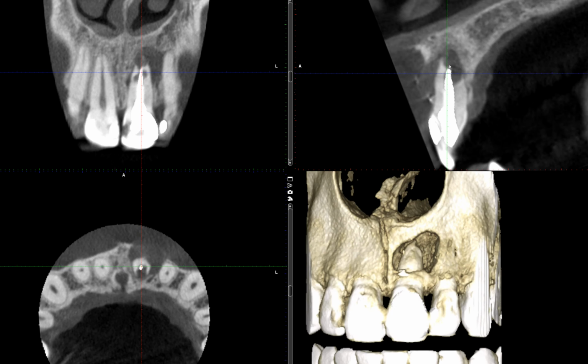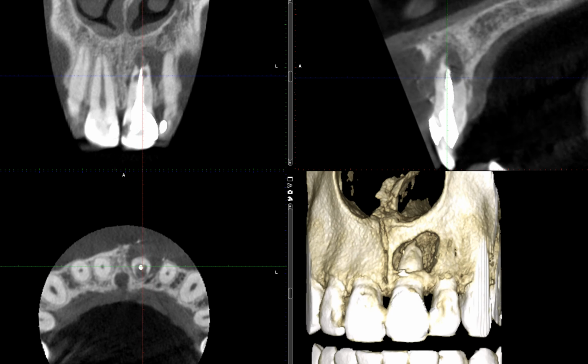And my differential diagnosis in this case, at the very top, I'm considering apical periodontitis, persistent and chronic apical inflammatory disease, apical periodontitis and apical granuloma type of lesions.